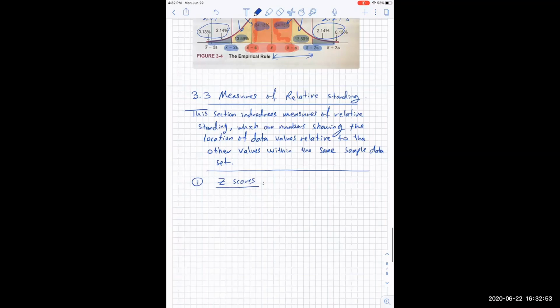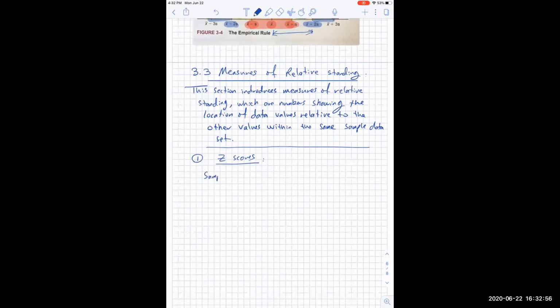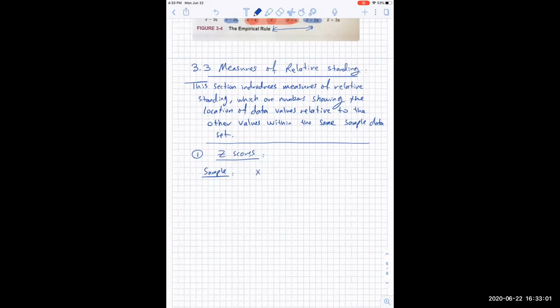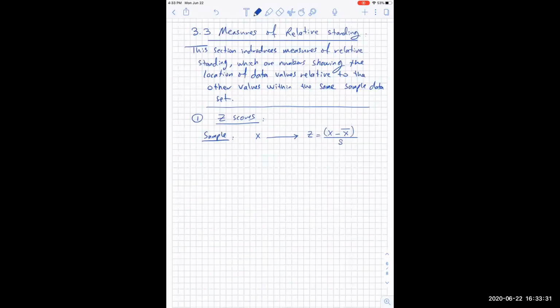Now, if you have a sample, each data value in the sample has a standard score or a z-score. And the z-score for that data value is the data value minus the sample mean divided by the sample standard deviation. Okay? The z-score.